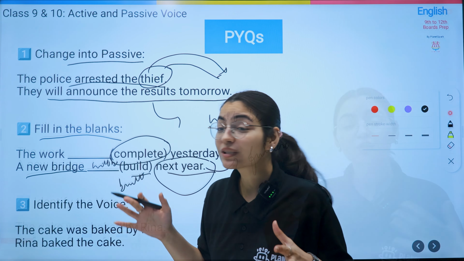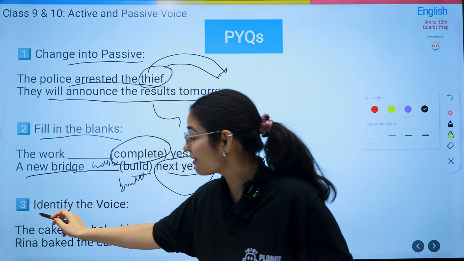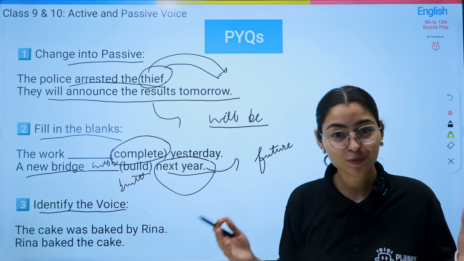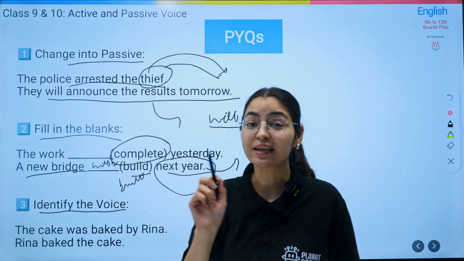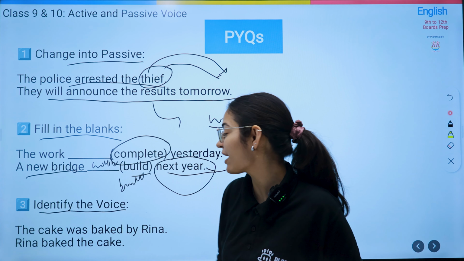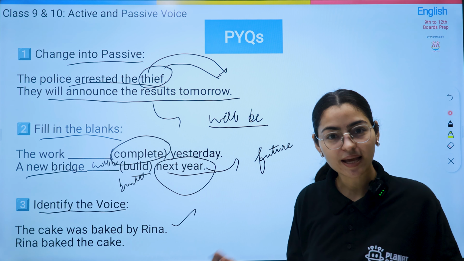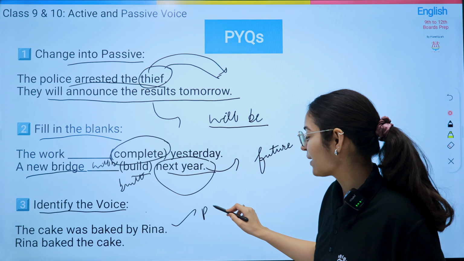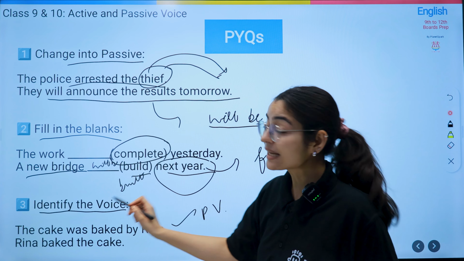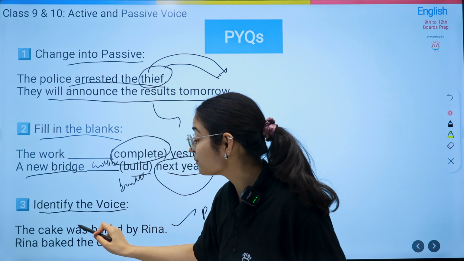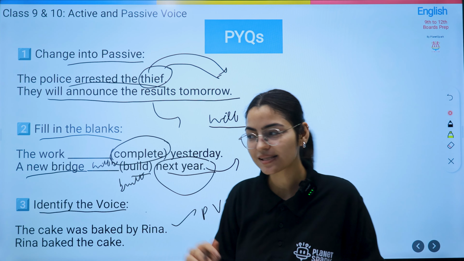next year. Now the third type here is identify the voice. In these types of questions, there will be a sentence given to you and you have to identify the voice. The cake was baked by Reena. Any guesses? The sentence here is in passive voice. Now the second sentence here is Reena baked the cake. Any guesses?